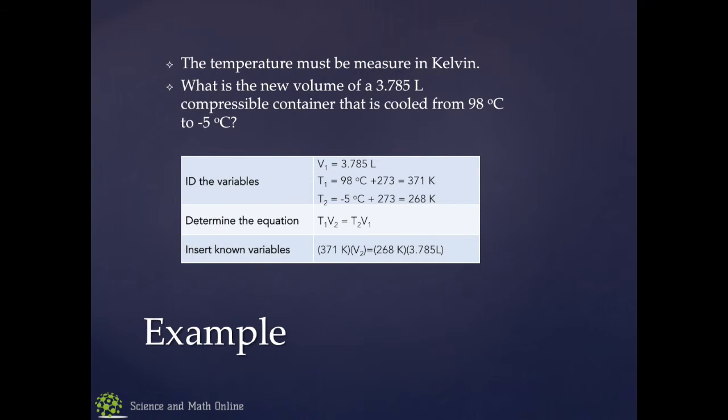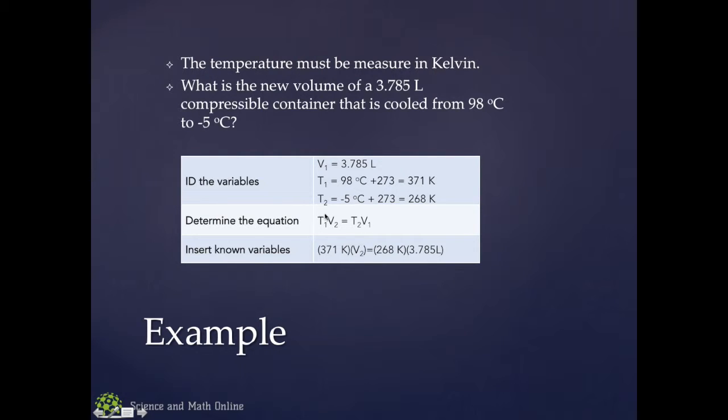All right, so then we plug in and insert our known variables. We plug in T1, 371. Plug in our final temperature, 268. We plug in our initial volume. This is why I think it's essential that you write down the equation without anything in it first. Because I think with these, it's easy to forget which one's 1, which one's 2. And it would be very easy to put this volume here.